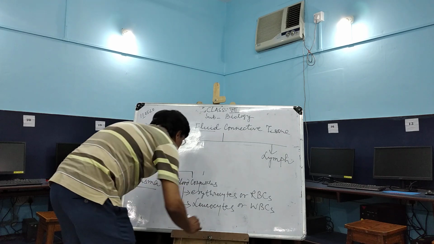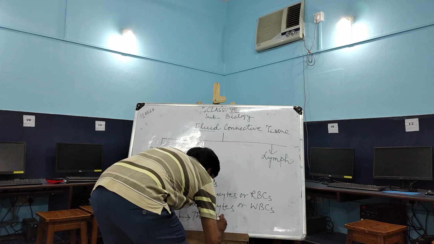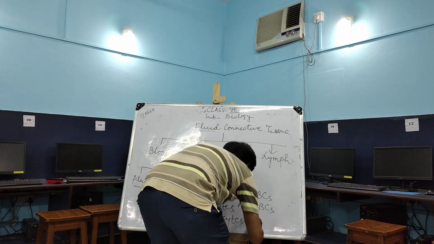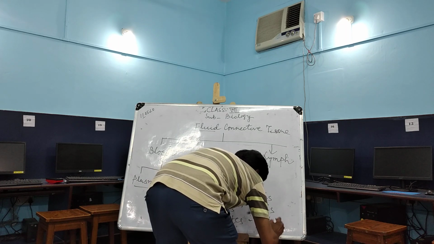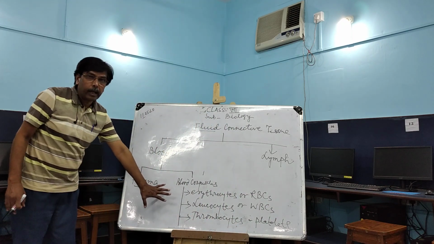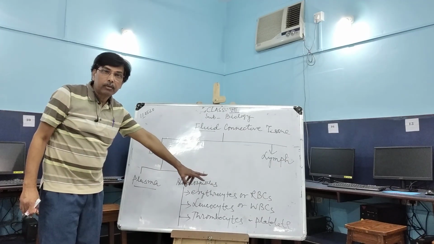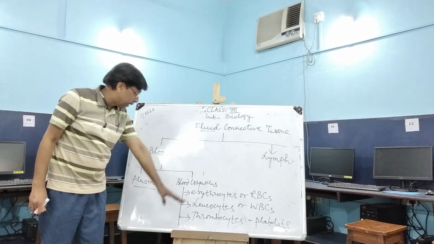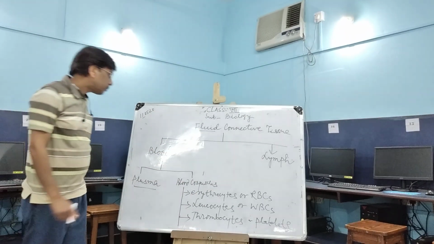And the third one, thrombocytes or platelets. So three types of cells you will find in plasma. They are erythrocytes or RBCs, red blood cells, leukocytes or WBCs, white blood cells, and thrombocytes or platelets.